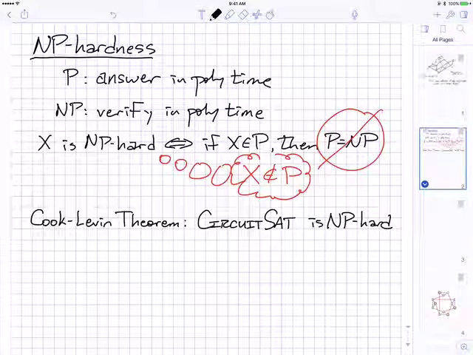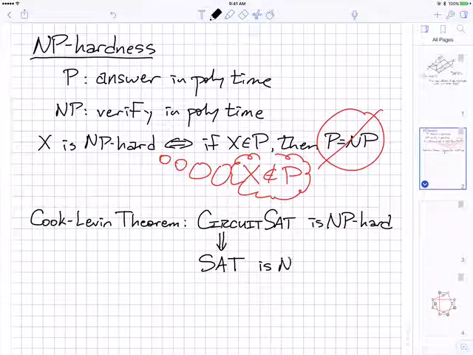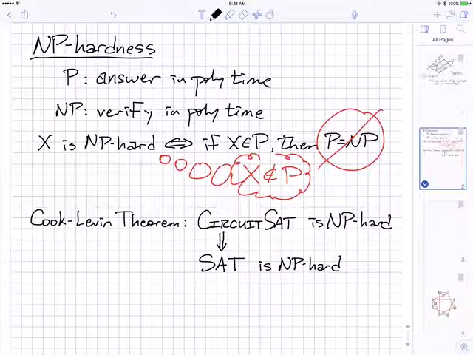Now, from this, last time we proved that SAT is NP hard, where SAT is the same problem, but instead of being given a graph that describes a set of wires and gates, you're just given a formula, a statement in the algebra of Boolean variables.